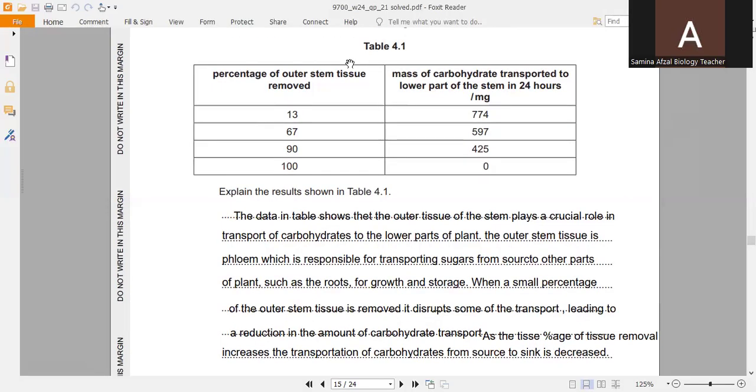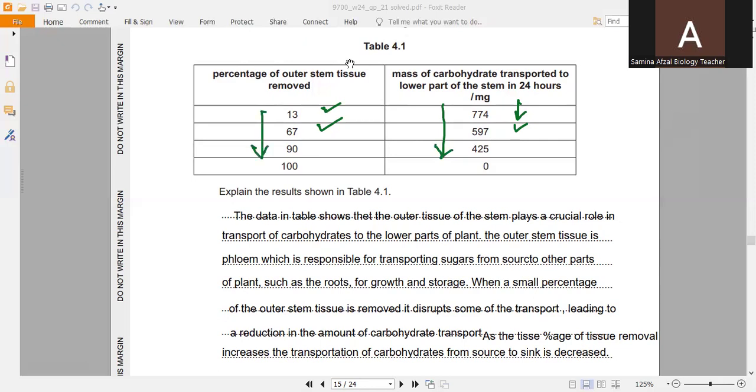Whereas when the outer stem tissue was removed 67%, at that time the transportation was reduced to 597.